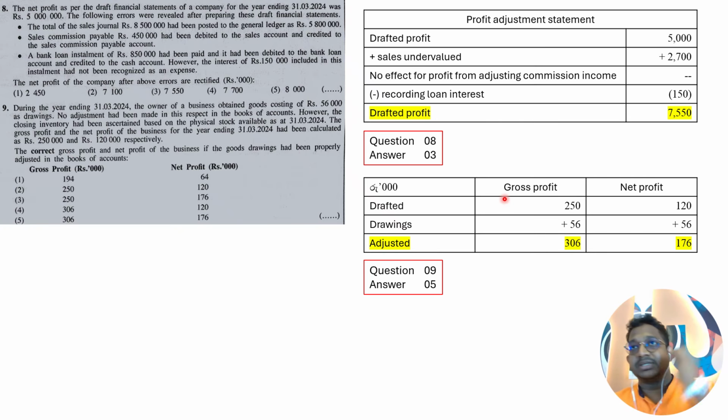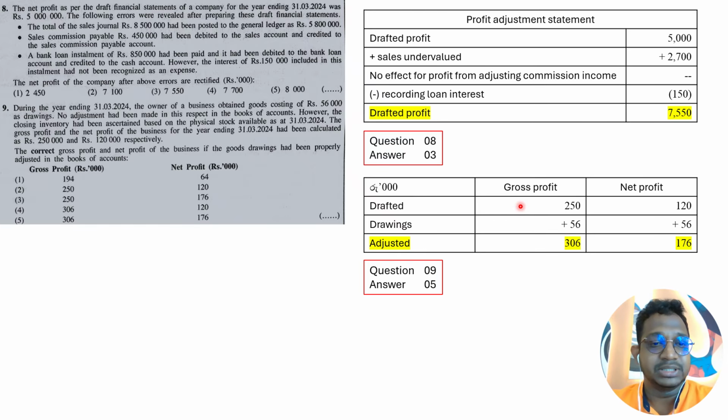In these cases, you have to keep in mind that any change or error correction that affects your gross profit also affects the net profit, because you are finding the net profit after your gross profit, right? Any adjustment in the gross profit, which means in the trading account, also affects the net profit. But the other incomes and expenses that you record below gross profit do not affect the gross profit, right?